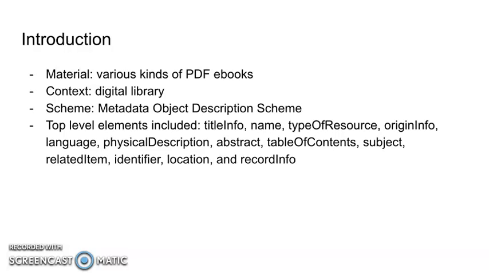I chose not to use genre, target audience, note, classification, access condition, part, or extension tags for this assignment, as they did not seem as useful or appropriate as the others in this case.